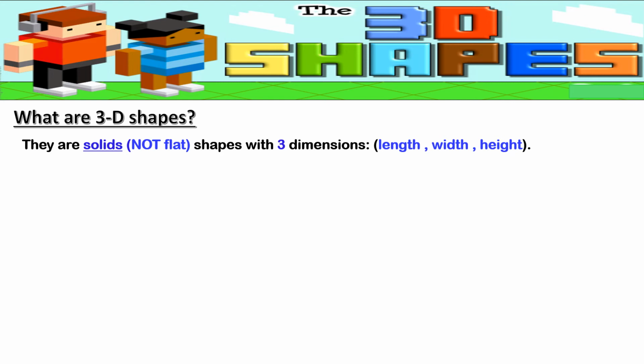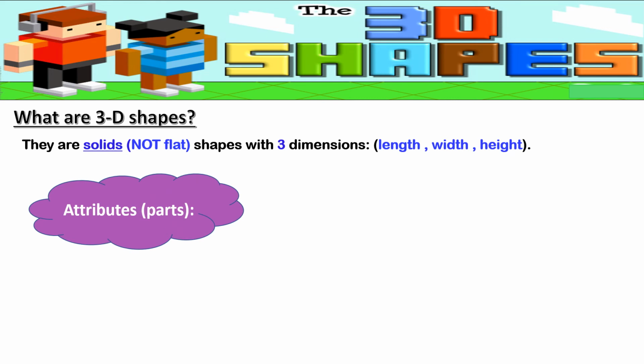3D means 3 dimensions: length, width, and height. They have some attributes or parts. Like 2D shapes have 2 attributes, sides and vertices, here we have some attributes also: faces, edges, and vertices.